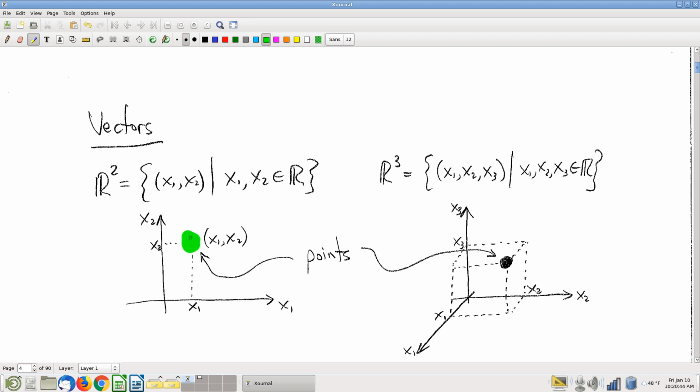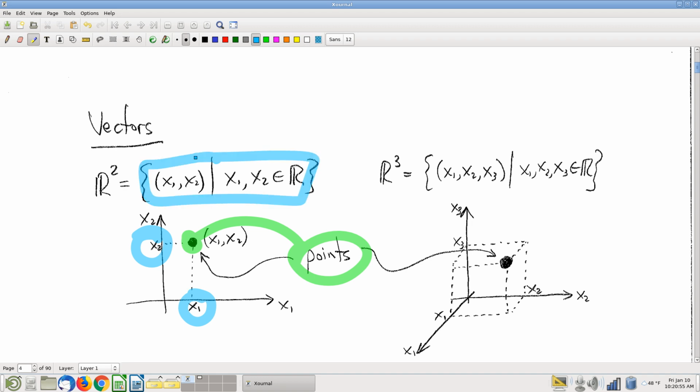If you have a point, then to that point you can associate a couple of coordinates that you can combine together to make an ordered pair that you can consider to be an element of this set of all possible ordered pairs, right?